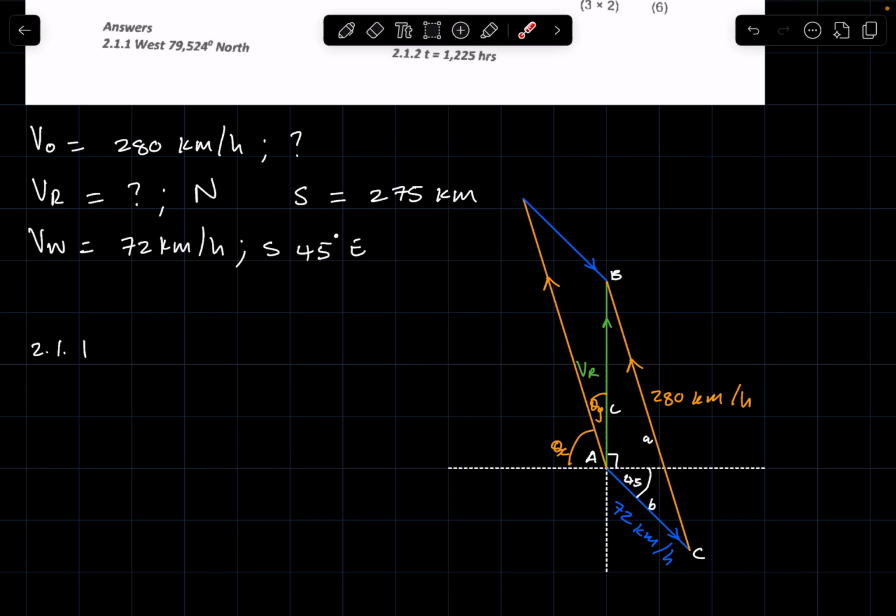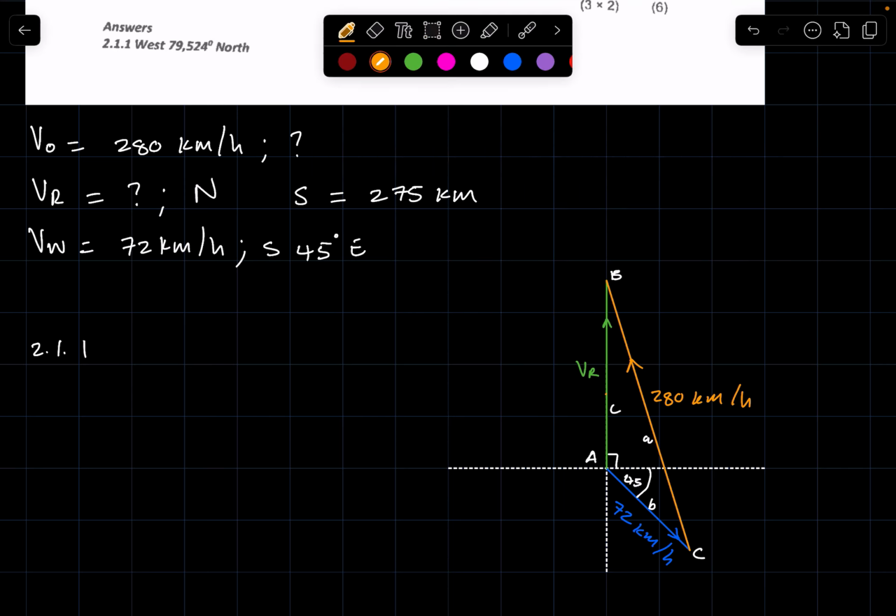So we have to calculate this angle, angle B. Once you have angle B, it is equal to the angle referenced from the y-axis. So this angle will essentially give us the direction of the plane.